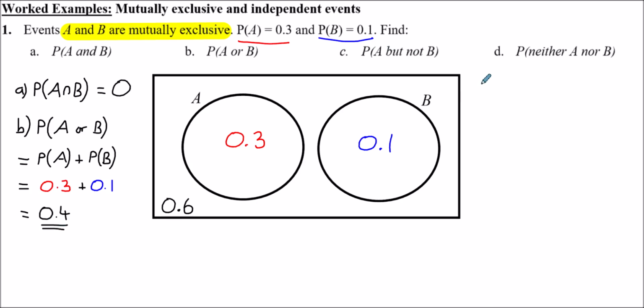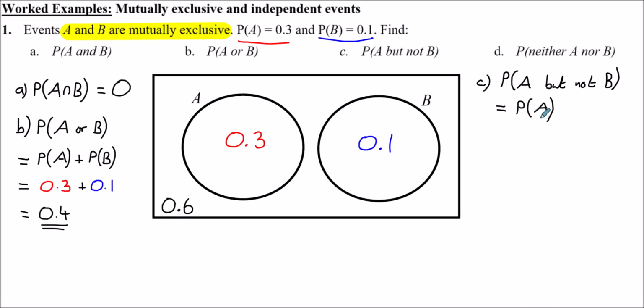For C, A but not B. So the probability of A happening but not B. Well, if A happens, because they're mutually exclusive, B would never be happening anyway. So that's the same as saying A happening but not B. That's just the same as A happening.